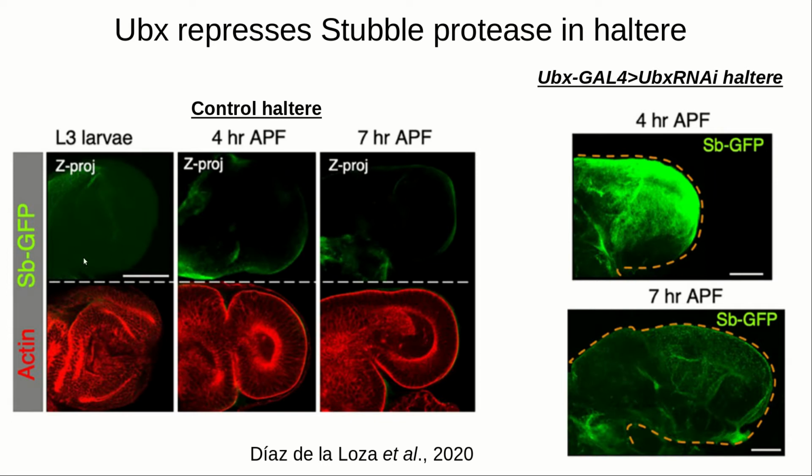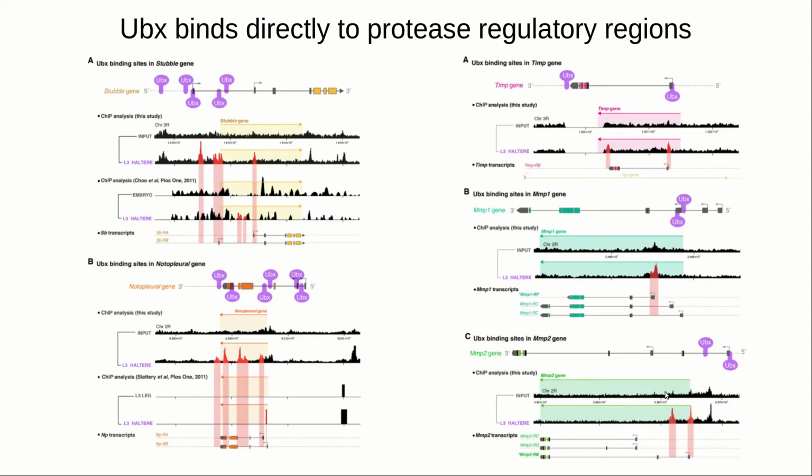So here is stubble expression in the haltere, and as you can see, it is not expressed at all. However, if you repress Ultrabithorax with RNAi, this stubble expression increases, and as you can see, at 7 hours this results in a slight increase in the elongation of the haltere.